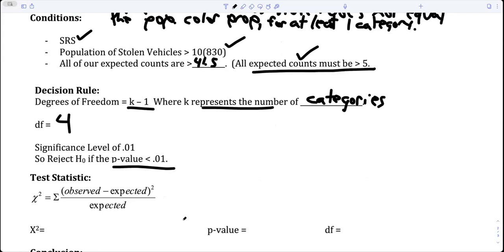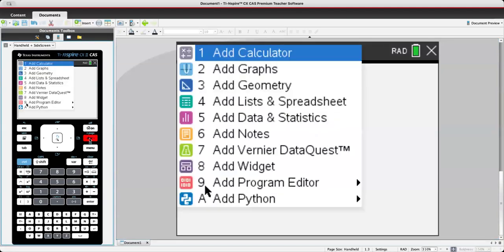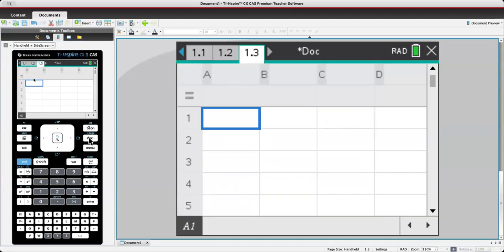Okay, so I need you to go to the spreadsheet here. And then I need you to make two columns, one with the observed counts and one with the expected counts. And also you need to label them.